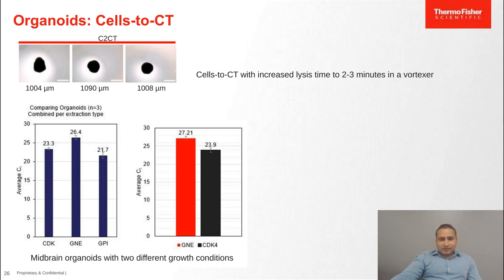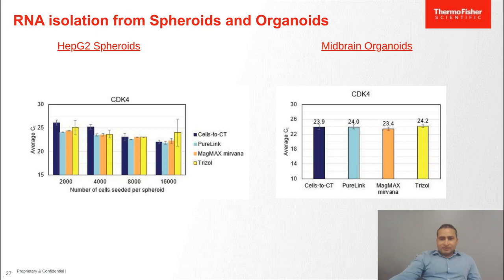Up to this point, I have talked about each of these methods in isolation, but how do they compare? How do I decide which ones to choose? What is the experimental data for these kits? In order to compare the efficiency of each of the methods for RNA isolation, we isolated RNA from these samples side by side.